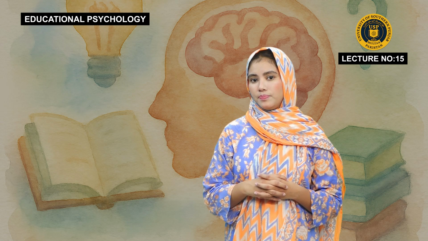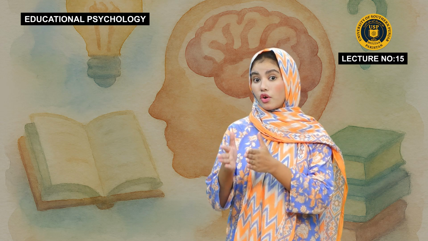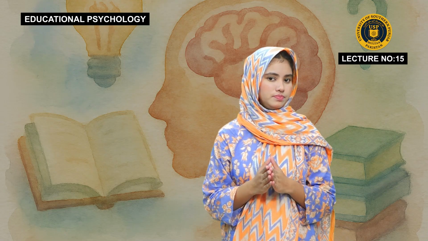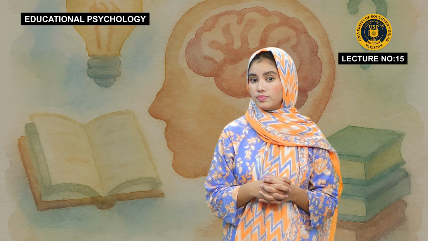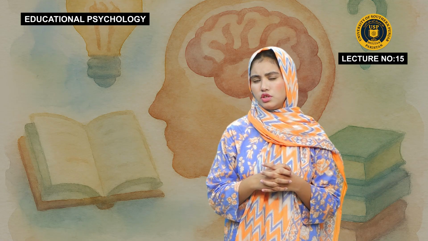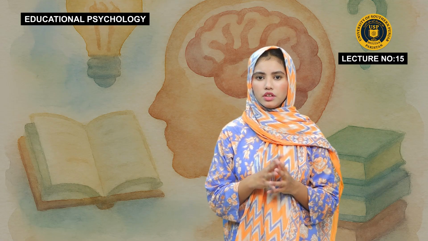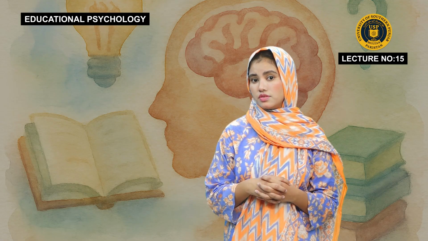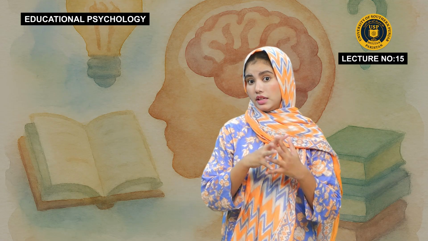This chapter covered how thinking and learning abilities change across childhood and adolescence. We studied Jean Piaget's four stages of cognitive development. In the sensorimotor stage, 0 to 2 years, infants learn through direct sensory experiences and motor actions, gradually developing object permanence.